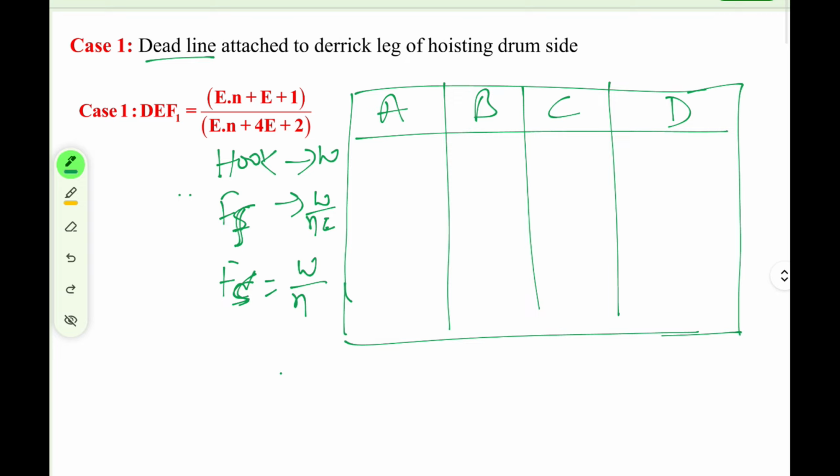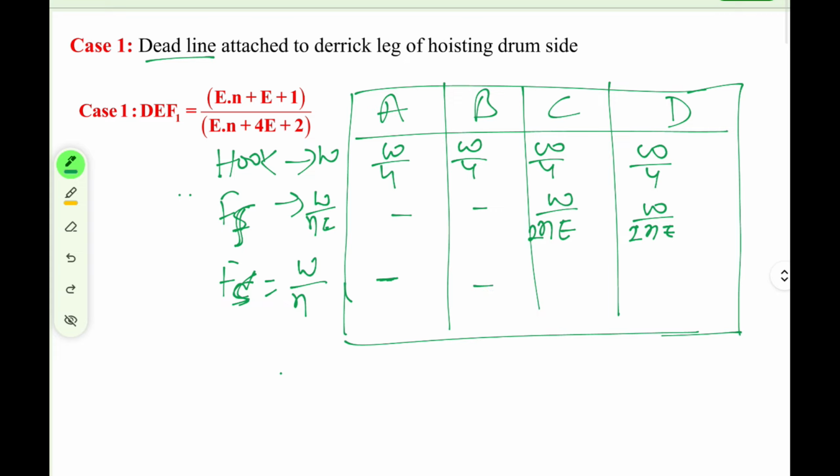So what I need to do: W will be the hook load, that is the same everywhere, no changes. In this case the fast line is also there, so W by 2NE. The only thing we have changed, in the earlier case the dead line was here. Now this dead line is attached to any of the Derrick legs.